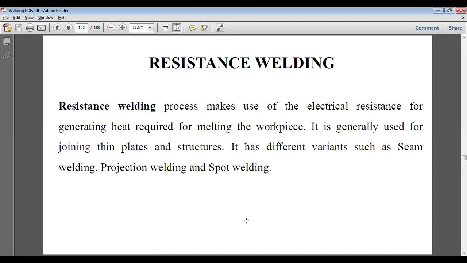This heat is utilized as the heat of fusion. This way we will be utilizing the heat produced by the electrical circuit.